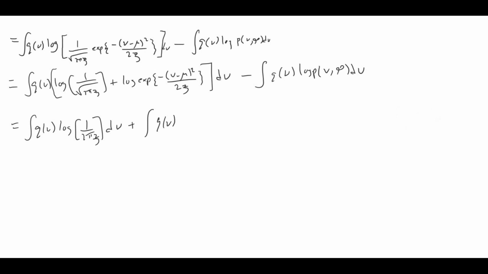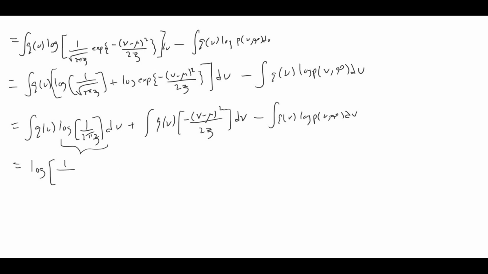So let's do that. Minus the integral of the expression over 2 zeta d nu, minus just the same expression up here. Notice that this does not depend on Q of nu, so we can take it out of the integral. What we'll have is, oh, I forgot the square root here.